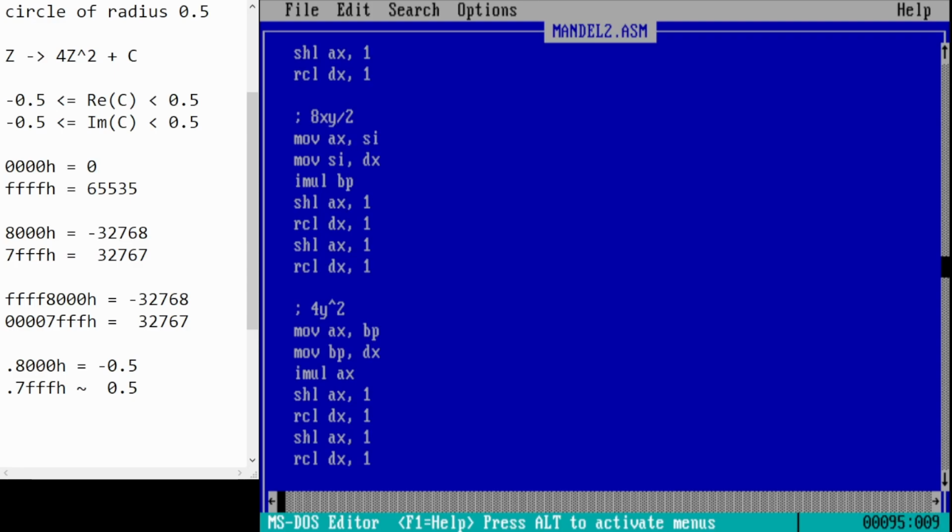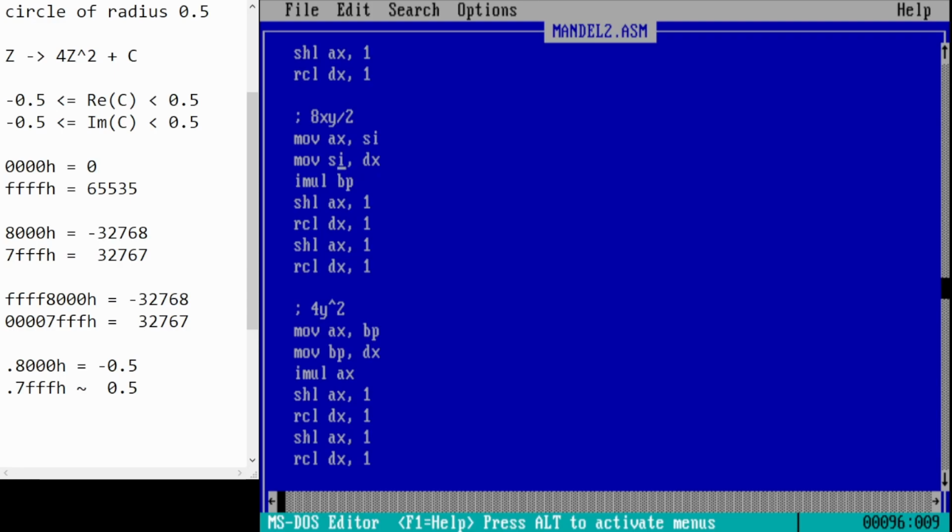Take the real part, put it in the AX register, and then multiply it by the imaginary part here. And of course I don't want to overwrite the result that I already computed above, so I have to save that somewhere for safekeeping. And we're only interested in the top 16 bits of that. It was a 32-bit result, but we're only working with 16-bit approximations here. So I put that into the SI register for safekeeping.